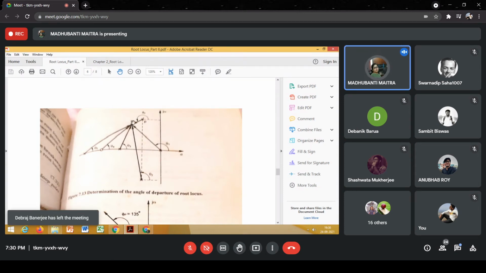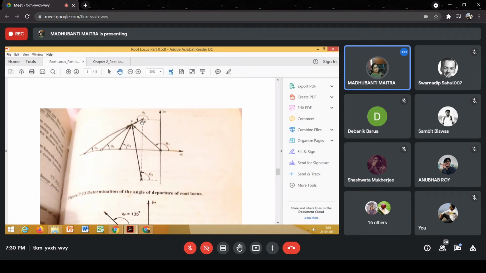Another assumption is that this point is very close to this complex open loop pole. So two assumptions: the point is very close to this complex open loop pole, and the point is an on-locus point.